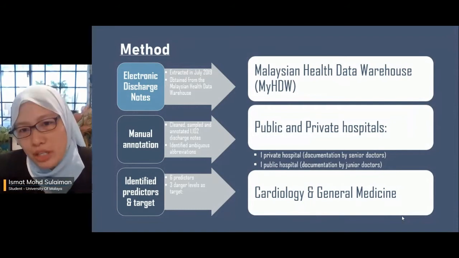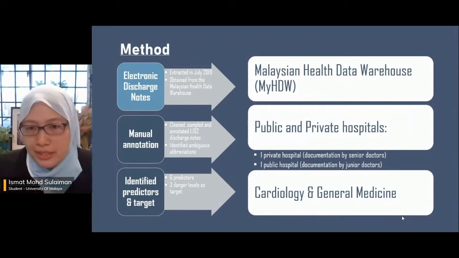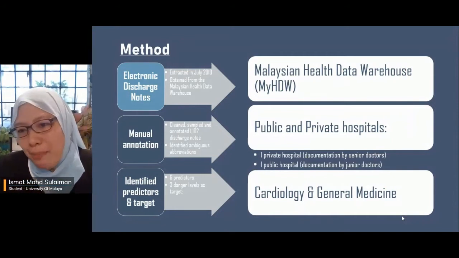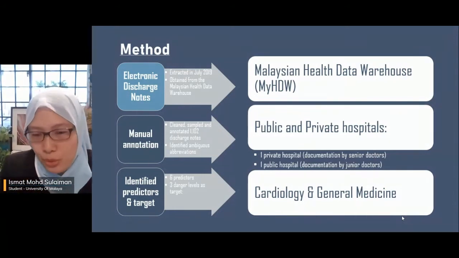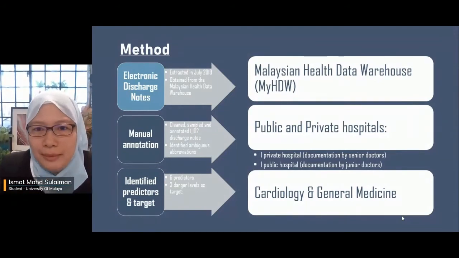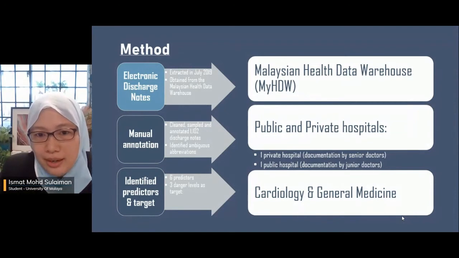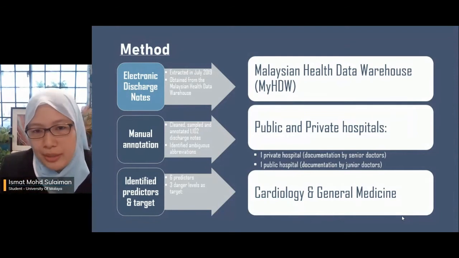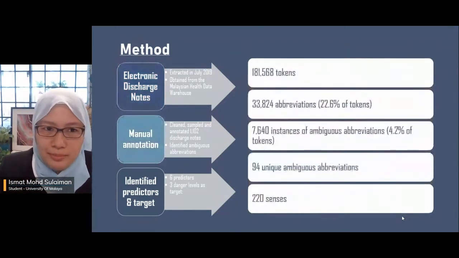In the private hospital, most of the time they have doctors who are already past their internship, so those who document are usually senior doctors. Our discharge summaries come from many disciplines, but predominantly cardiology and general medicine. So those are the data that we're dealing with and the data source.